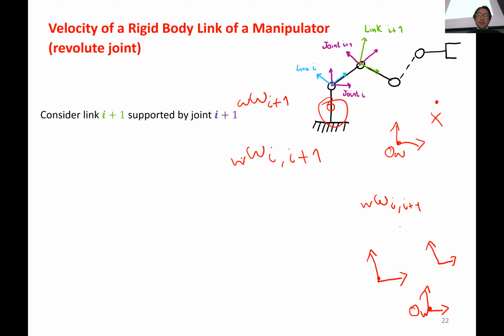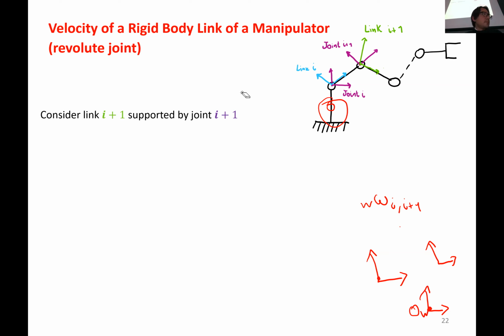With the first term i plus 1, we assume that the starting frame is the world frame, and whatever frame is on the right side of omega is the frame we want to express the angular velocity with respect to the world frame. But we should also, in the case of the world frame, define the frame from which we are referring the angular velocity. We don't do that just to not make the notation very heavy.